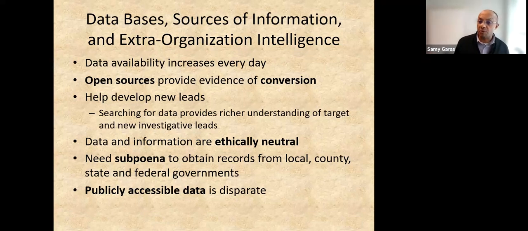We need a subpoena to obtain records from local, county, state, and federal government. So remember here, if we need to get access to the personal assets of the criminal person, we need to get a subpoena from the court. Also, we need to get a search warrant if we need to go to the house of the person and search his house for different types of evidence.